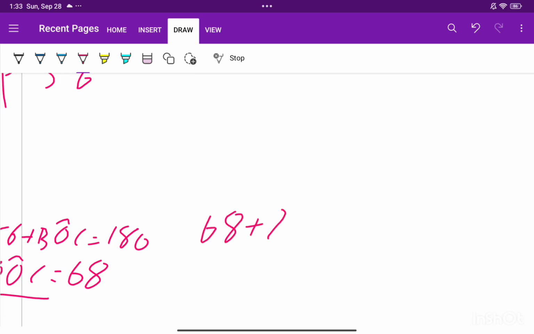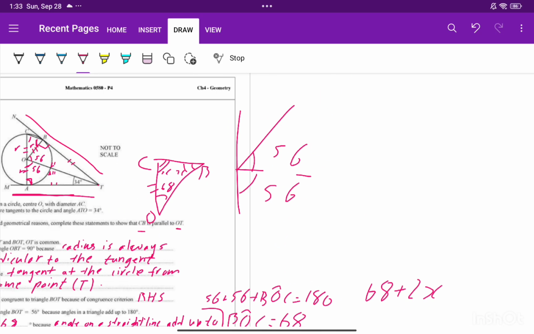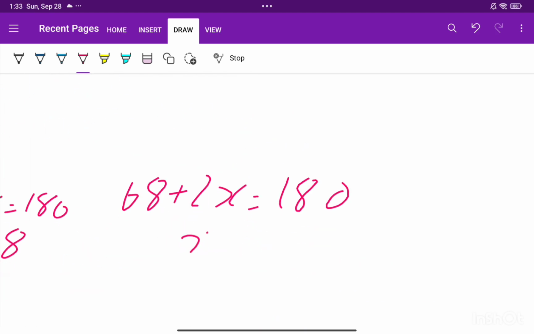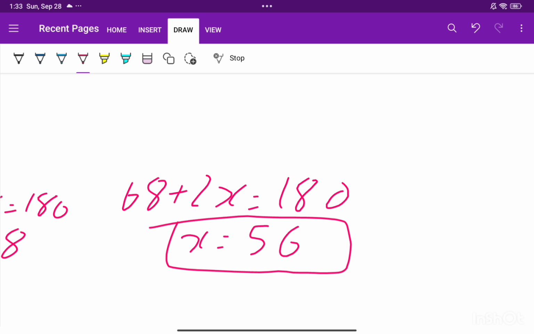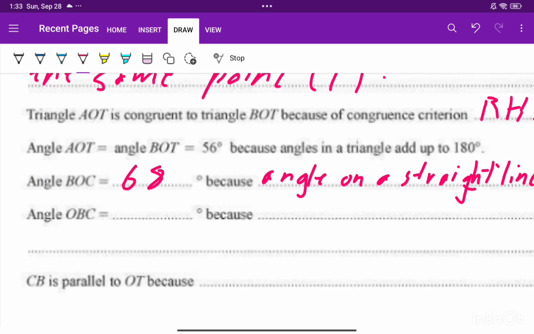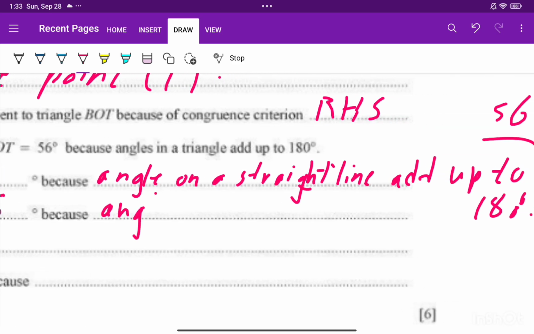So 68 plus 2x, for example, this is x, so this will also be x. So 2x is equal to 112, so x will be equal to 56. So we will write angle 56, and the reason behind it will be base angles of an isosceles triangle.